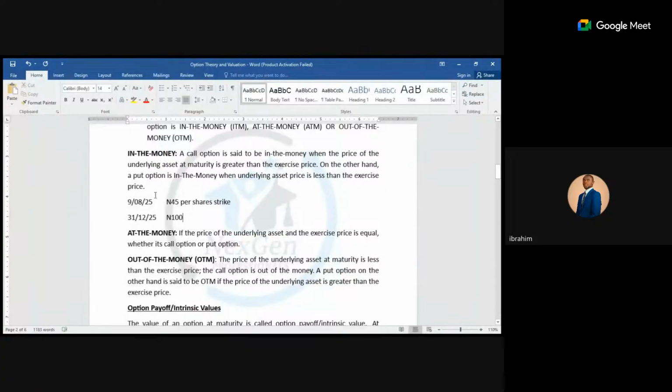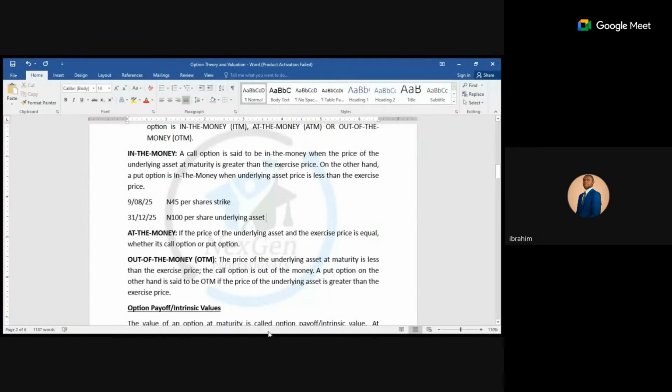Class, with this, you can see this particular 100 naira per share is the current price of the underlying asset at the end of that December.